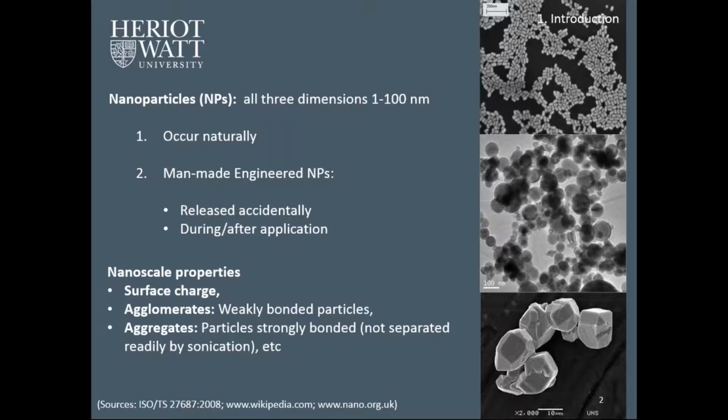Because of their nanoscale, nanoparticles have unique physicochemical properties. They have surface charge, and they can form weakly bonded particles, called agglomerates, or they can be strongly bonded together, and they're called aggregates.